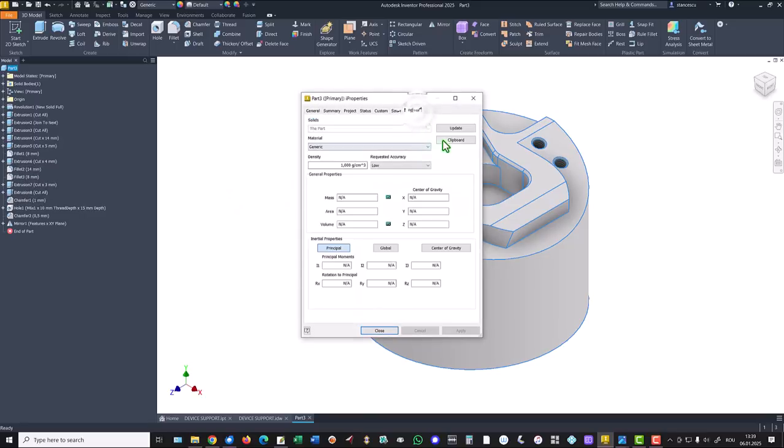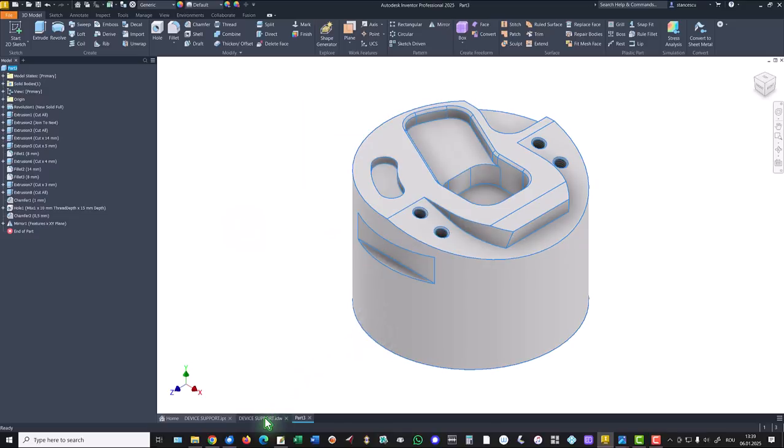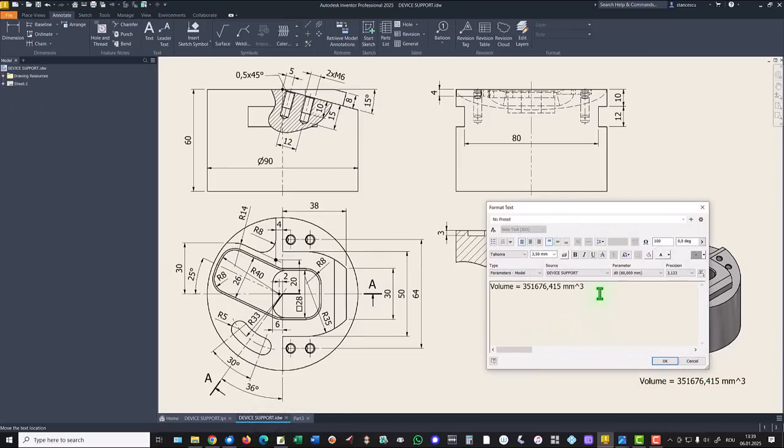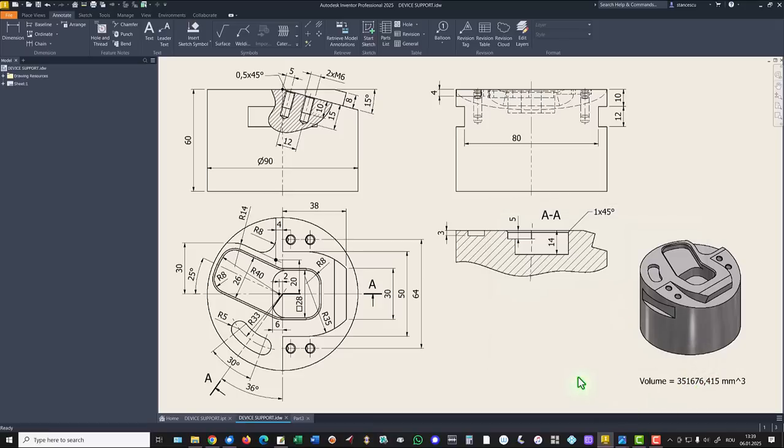Properties, physical, update, copy, drawing, double click, and the new value is exactly the same, my friends. Cancel. I keep the former value because it is identical with this one.